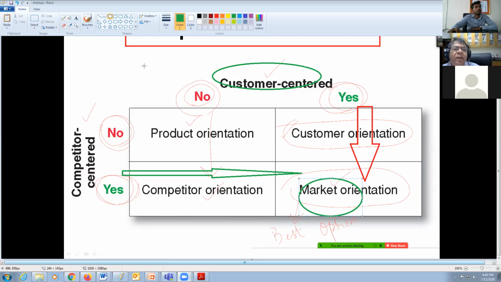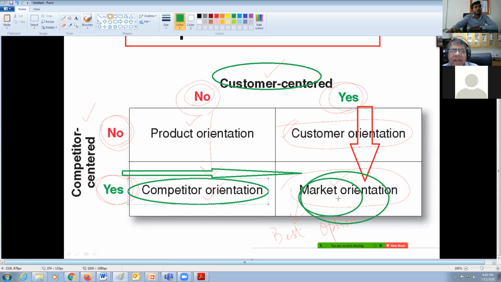Now, the best marketing plan would be market oriented, not competitor oriented. Competitor orientation means that if a competitor is selling at $1 and you want to compete, you drop 50 cents.